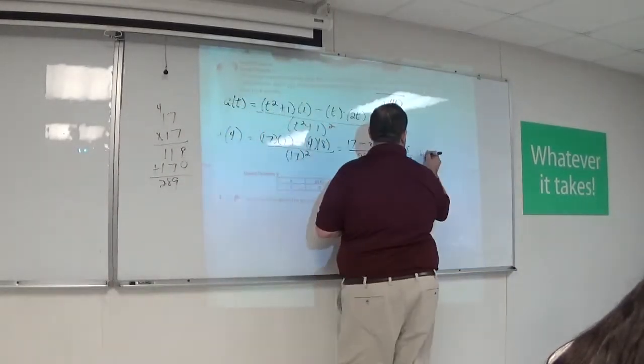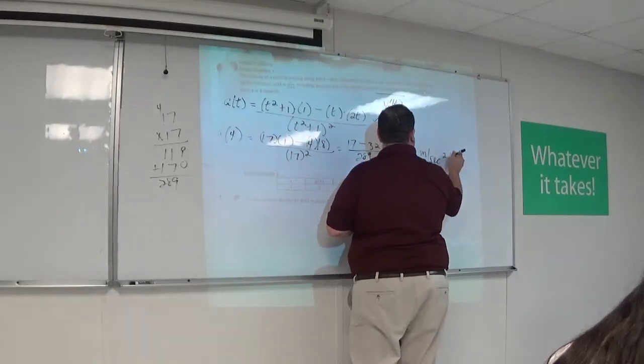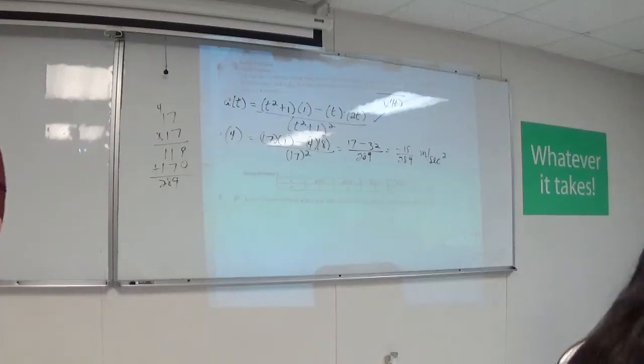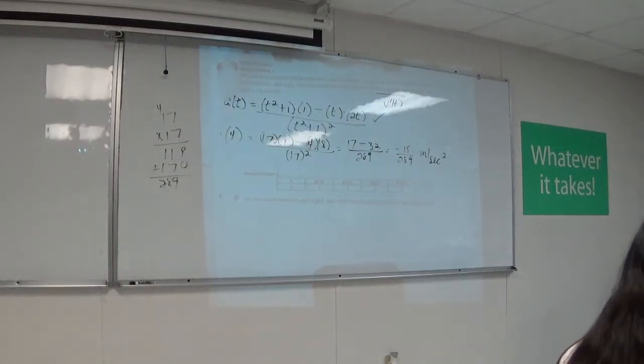So the acceleration has to be meters per second squared, or meters per second per second. If you're not feeling good about that, let me know. Otherwise, keep going. Try the next one.